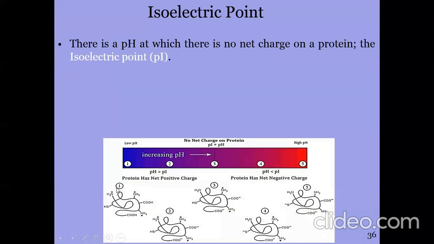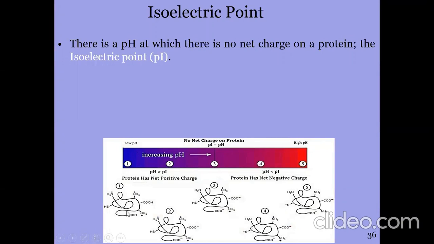Here, if you can see, the structure of the proteins. If we are talking about protein, these are 1, 2, 3, 4, and 5. So these are the species present there.